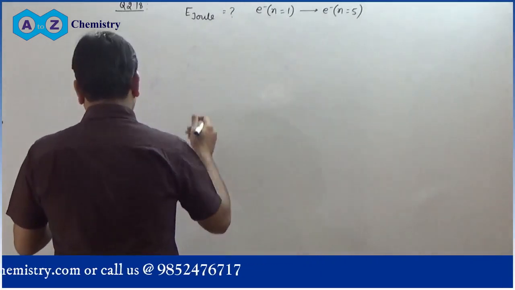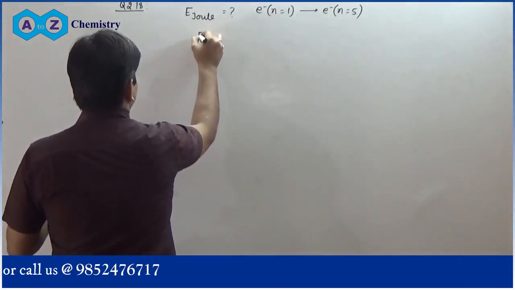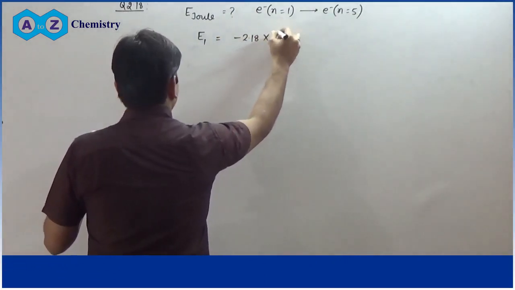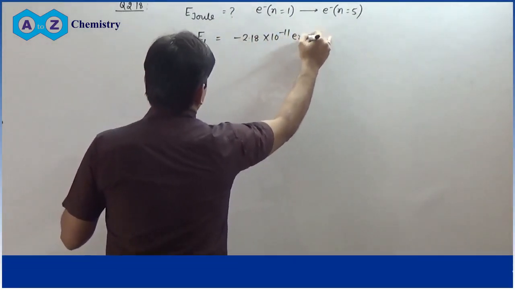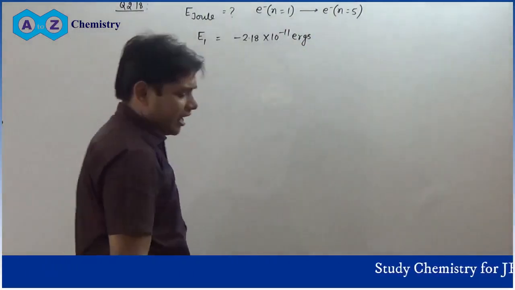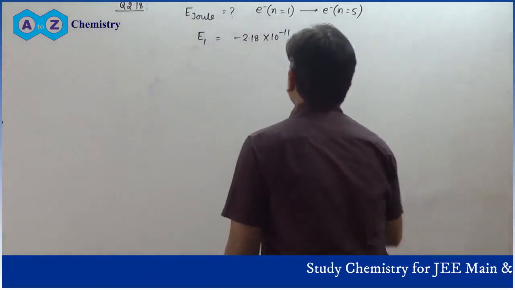Now, the energy of the first orbit is given as minus 2.18 × 10^-11 joules.